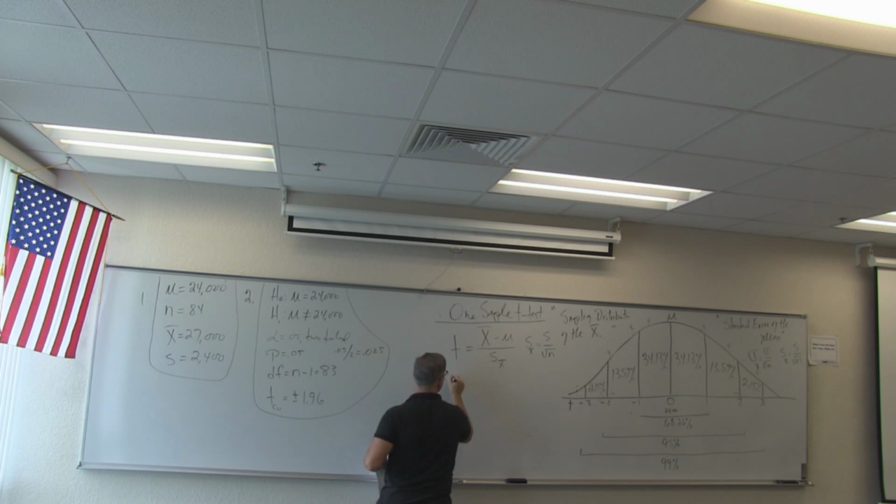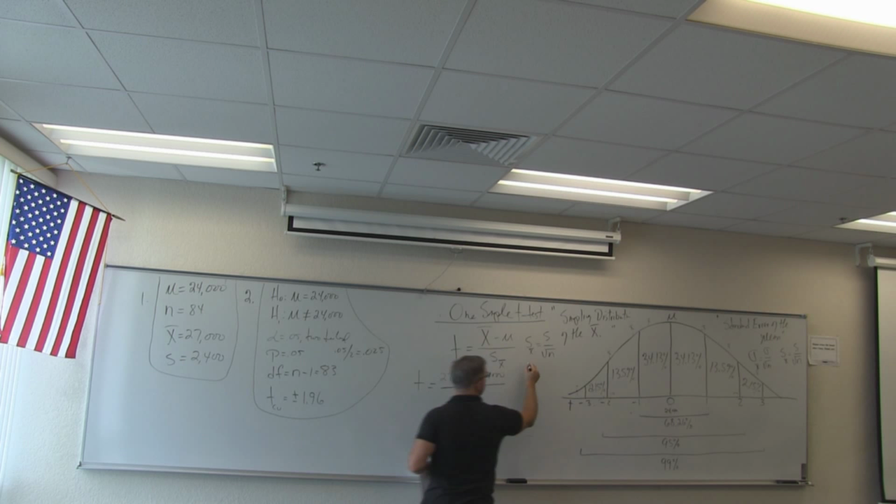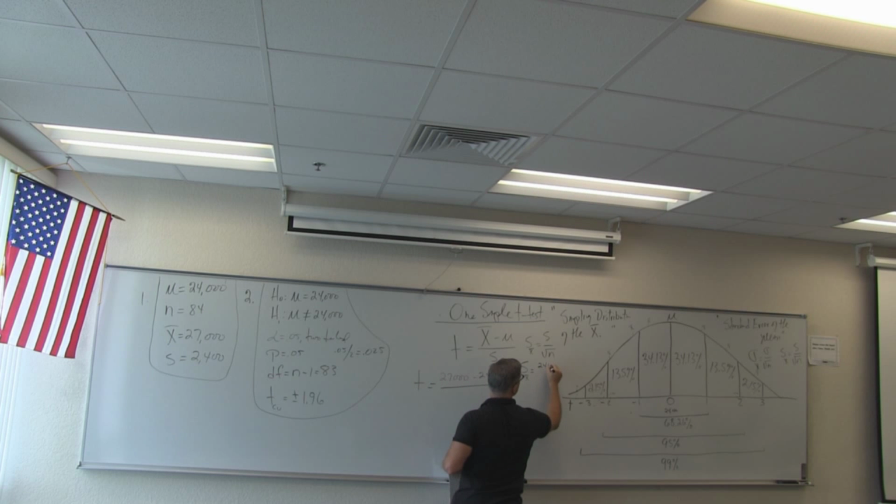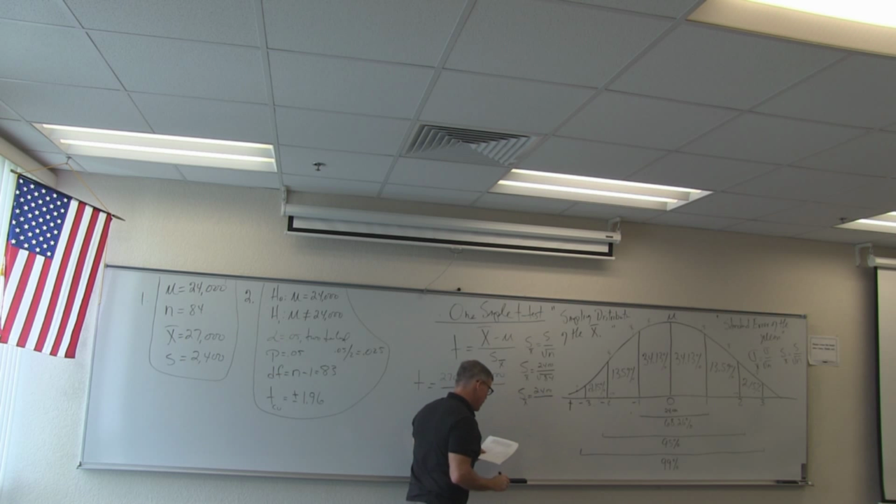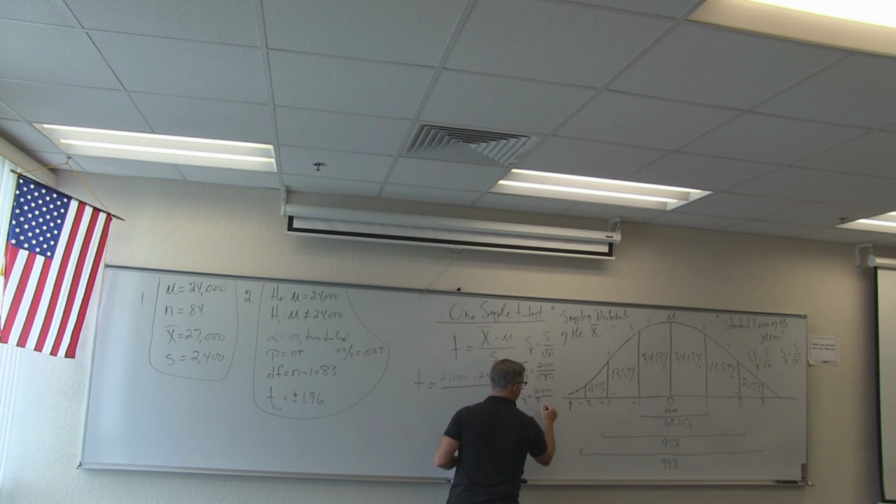X bar minus mu, 24,000, over the standard error of the mean: s, 2,400, over the square root of our sample size, 84. Square root of 84 is 9.17. Standard error of the mean, 261.70.